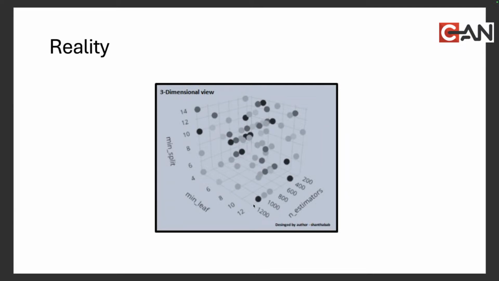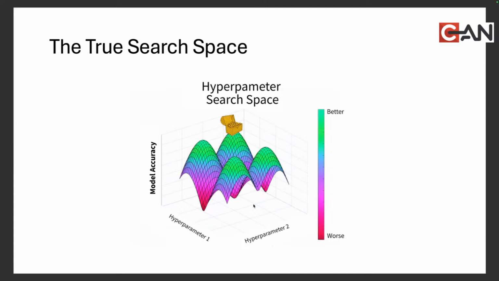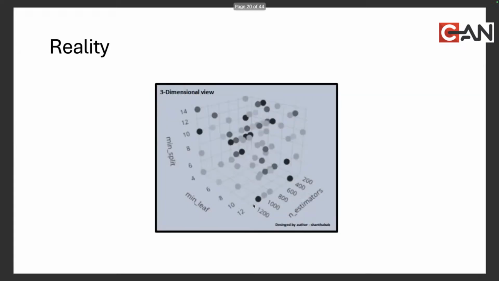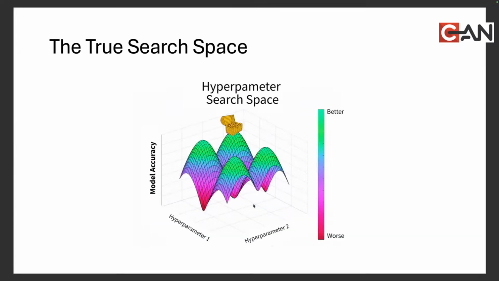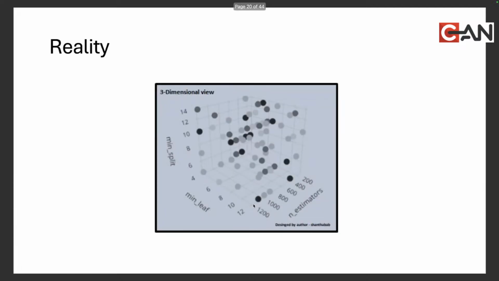Maybe the dark colors are where it was good and the light colors are where it was bad. Imagine this is what it looks like if we tried every single spot. But in reality, we're not trying every single spot. We're just picking things and trying them and seeing which one performs the best.